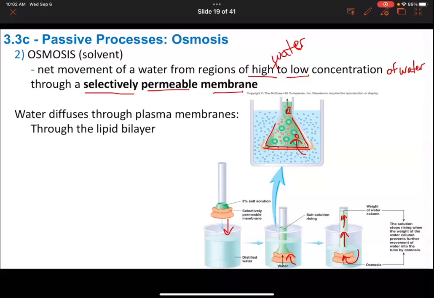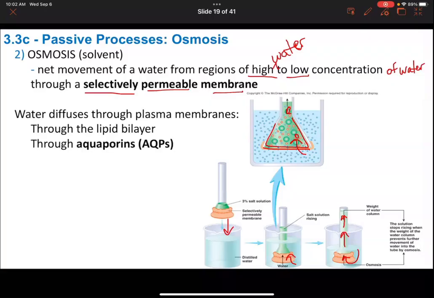So water will diffuse when we take this example in the lab and we talk about it in terms of humans. Water does diffuse through plasma membranes, those phospholipid bilayers. So water does move through osmosis when molecules cannot.